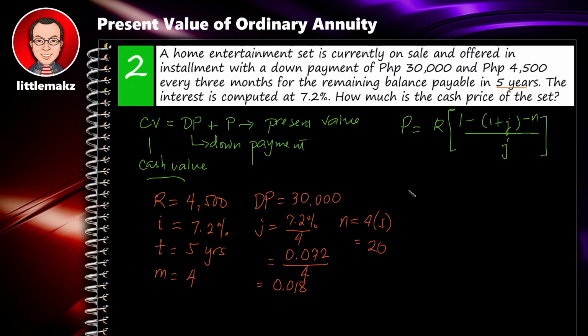And so we input our given here. Our R is 4,500, multiplied by 1 minus (1 plus J). Our J is 0.018, so this is 1.018 raised to the negative N. Our N is 20, so this is negative 20. Then this will be divided by our J, 0.018.